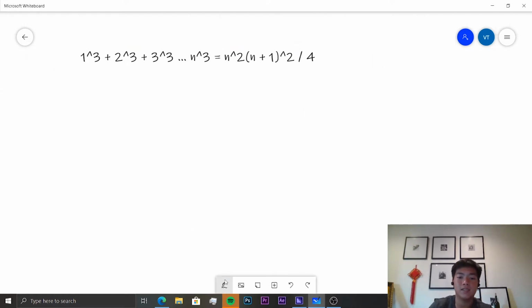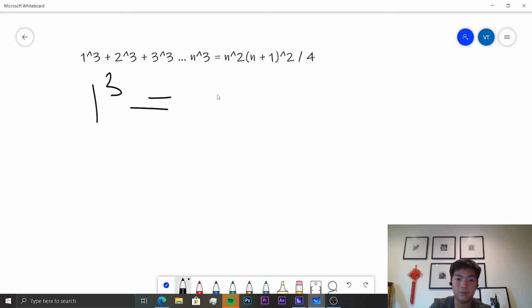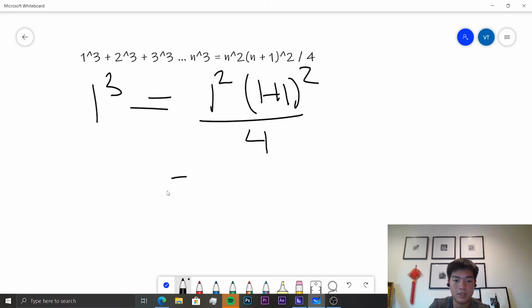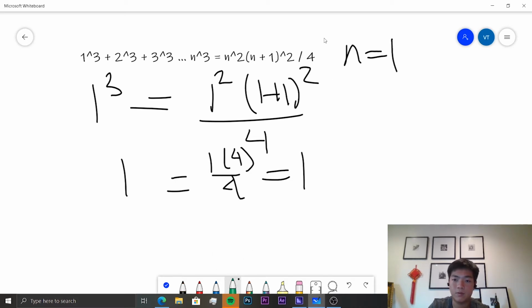Okay, so let's prove this for the basic step first. Of course, we want to prove 1 cubed is equal to 1 squared times 1 plus 1 squared, divided by 4, which is equal to 1 times 4 over 4, which is equal to 1. So this is fine. For n equal to 1, we have proved this statement.